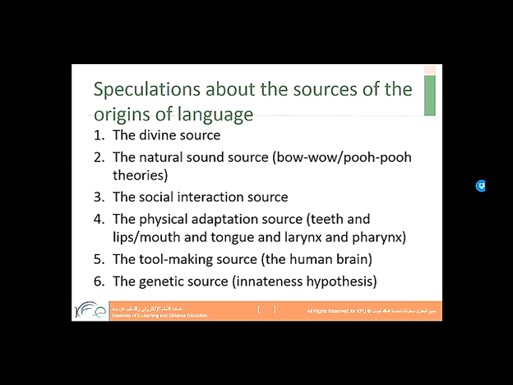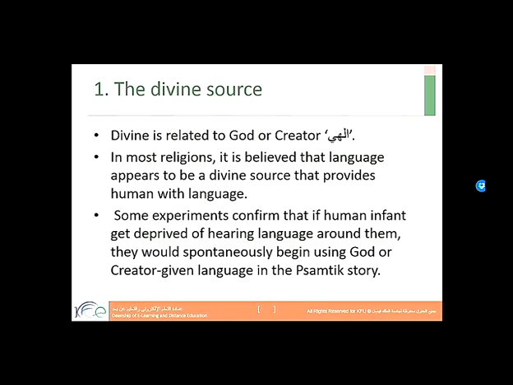Let's start by explaining the first source, which is the divine. Divine is always related to God or the creator, which means ilahi. It's something given by God or by the creator. So in most religions, it's believed that language appears to be a divine source that provides humans with language.